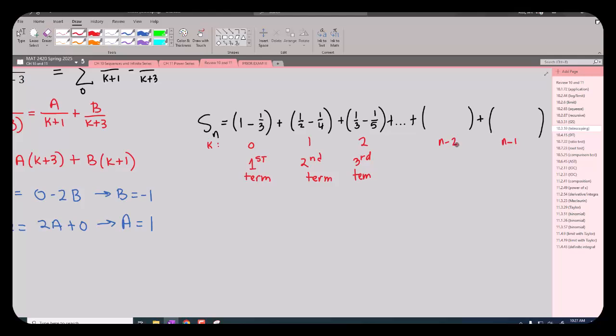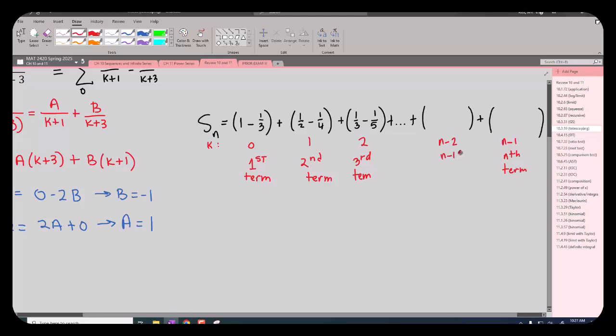If we want 5 terms and we're starting at 0, we would end at a counter of 4. So we want to end at n minus 1 because we started at 0. If we started at 1, we would end with k equals n, for sure. So this is the nth term, and this is the n minus first term.